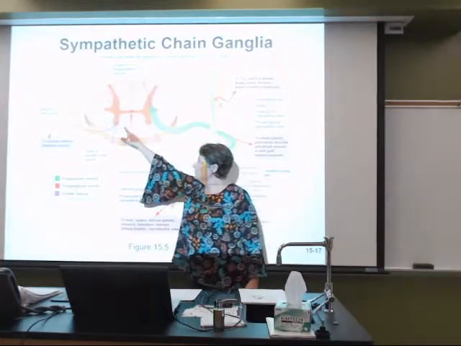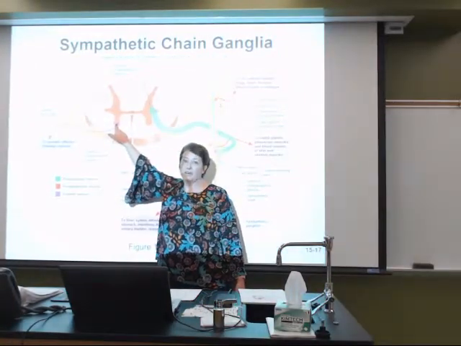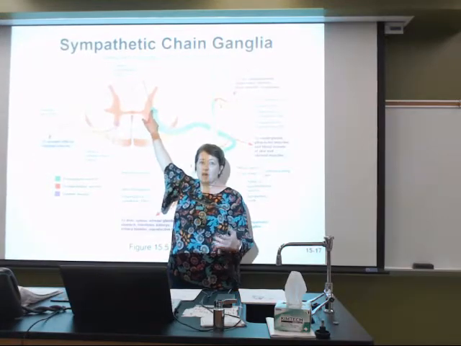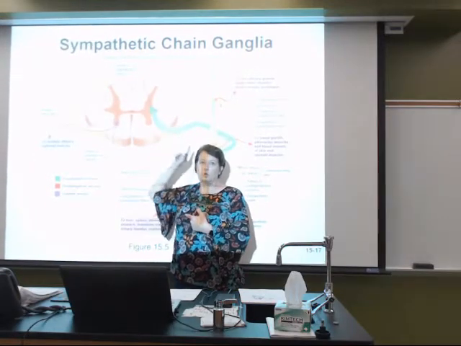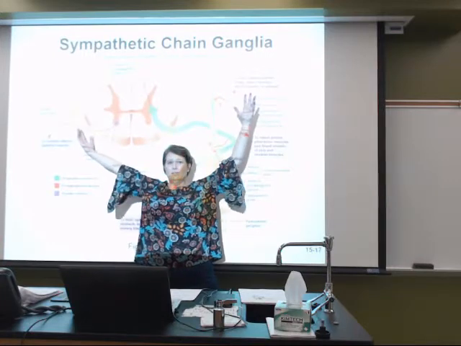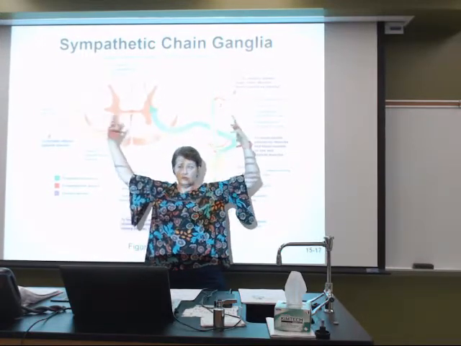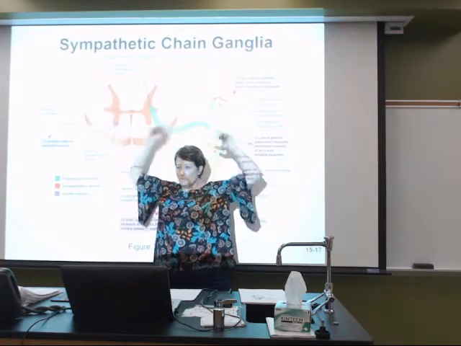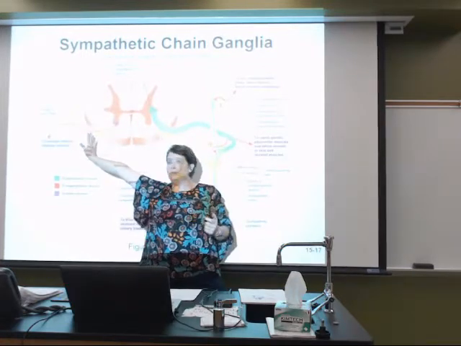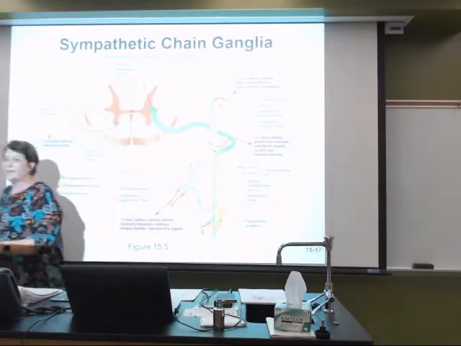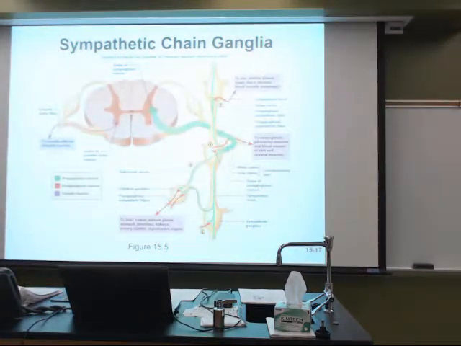That axon would be coming from this area. So these axons are coming from the lateral horn. And it's on both sides. Even though we just looked at it from one side, this is happening on both sides. Does that help?